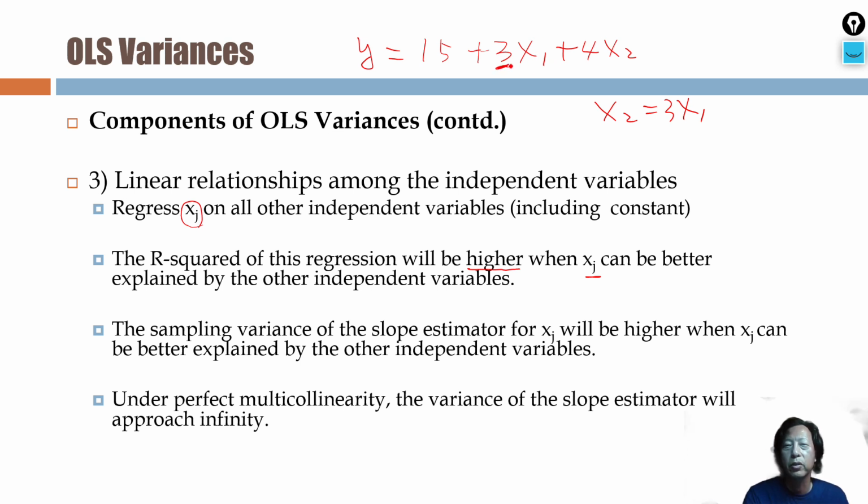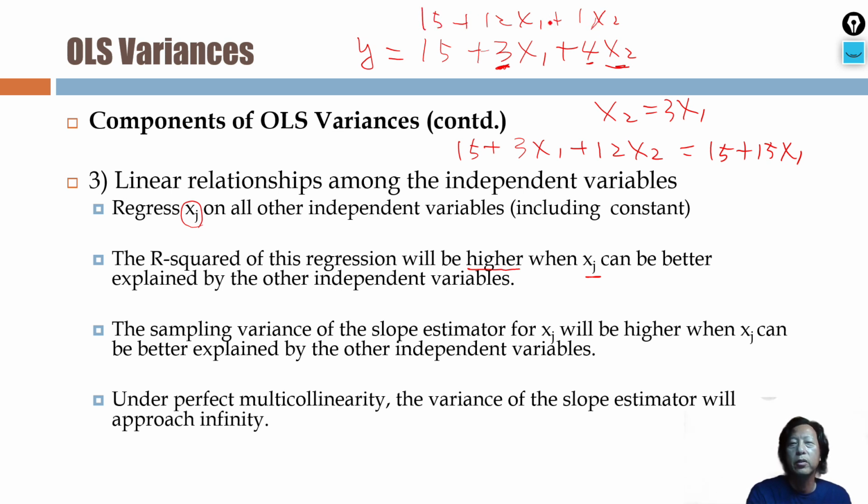So you cannot trust that this is 3 and 4, right? This will be 3x1 plus 12x1, so 15 plus 15x1. So when we have x2, I don't know if this will be 3 and 4. Maybe it can be 12x1 plus 1x2, and it will be the same, right?